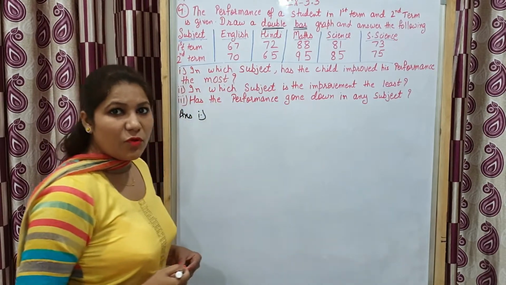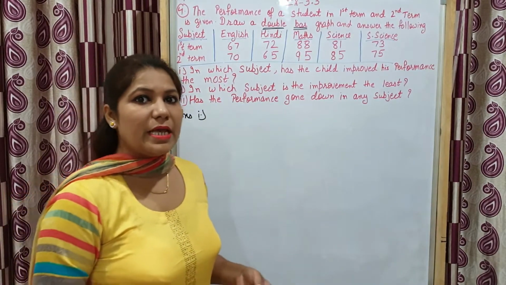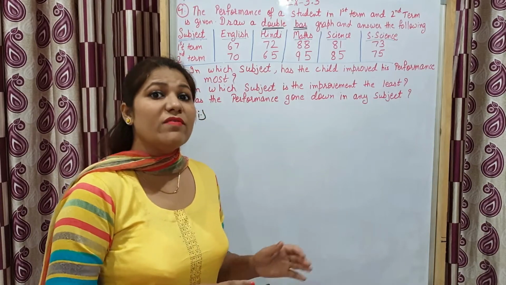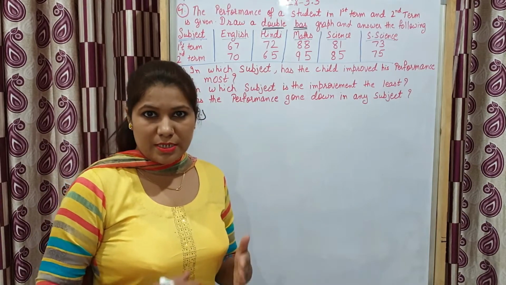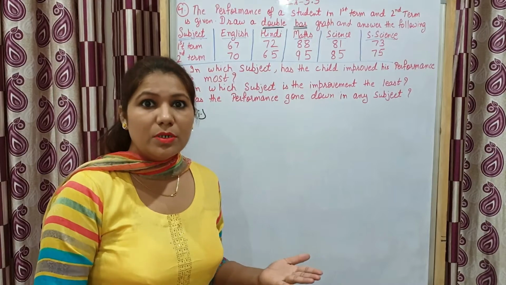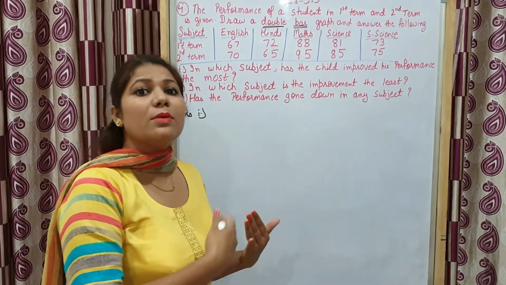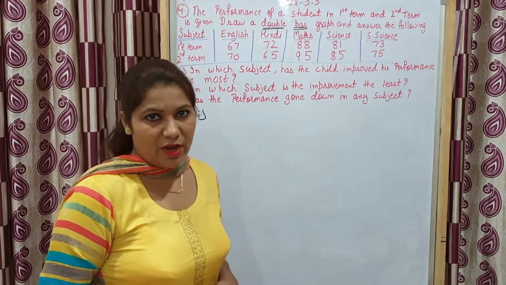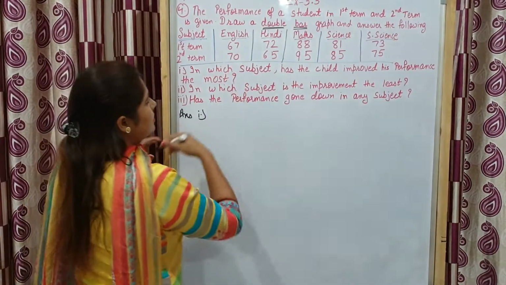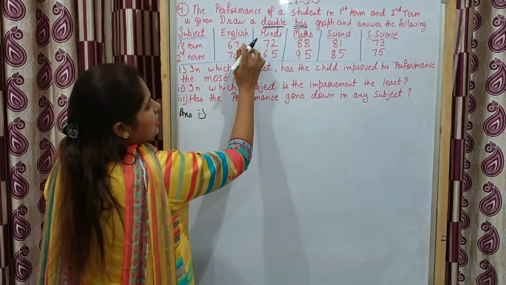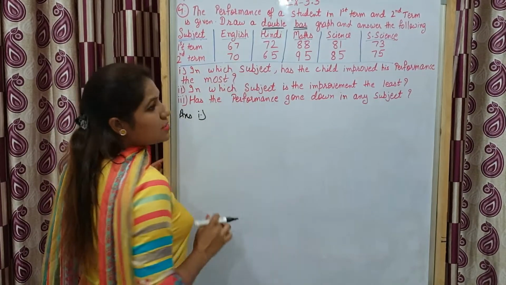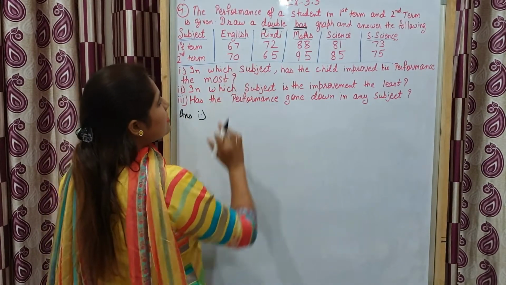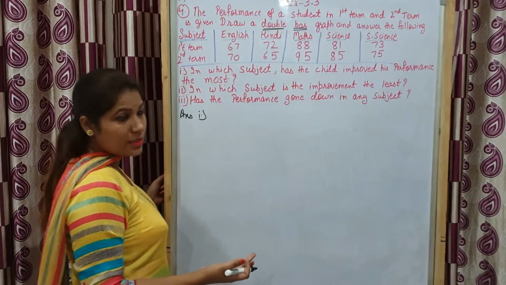See students, if you improved your performance in any subject, it means if in first term you got 60 marks, then in second term you got more marks than the previous term. Let it be 65. Now see here, in English first term marks was 67, in second term 70. It means marks are increased.